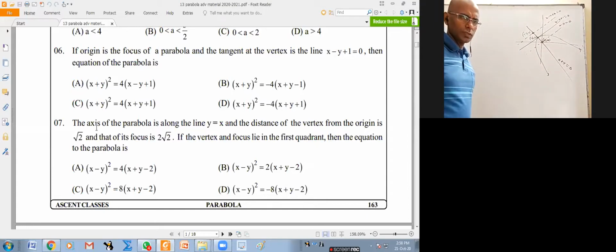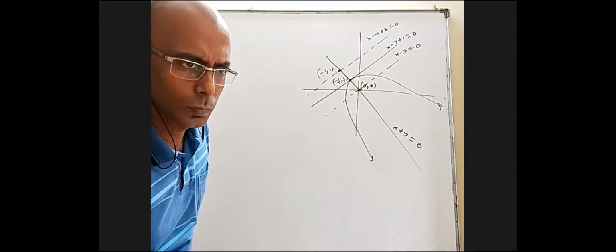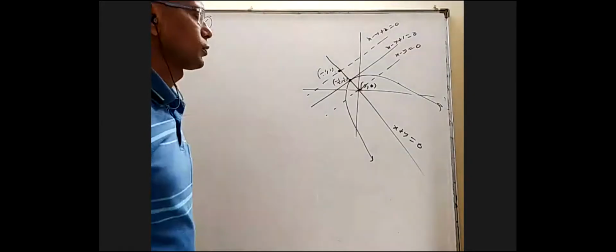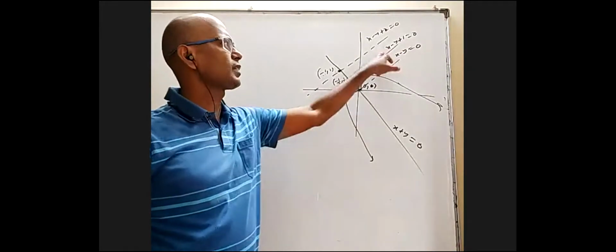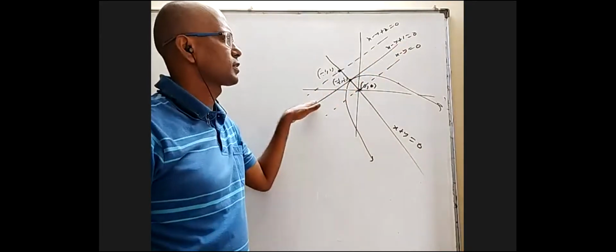They give origin is focus and tangent at vertex. So they give origin is focus and x minus y plus 1 equal to 0, like this line is the tangent at vertex. So the parabola will be like this.